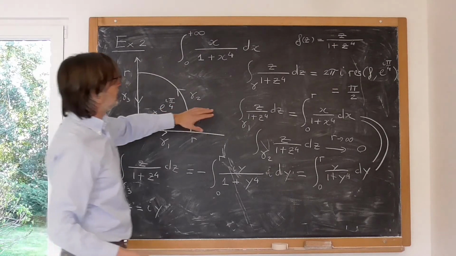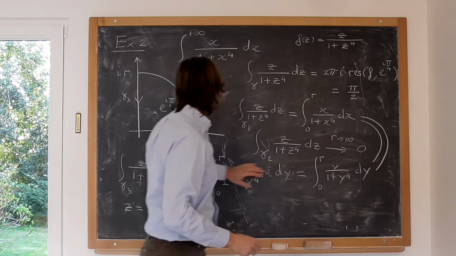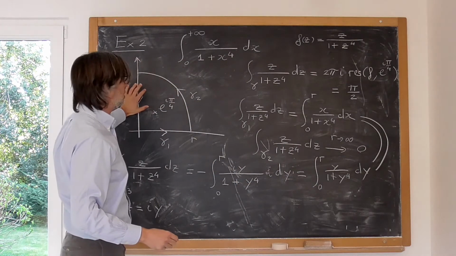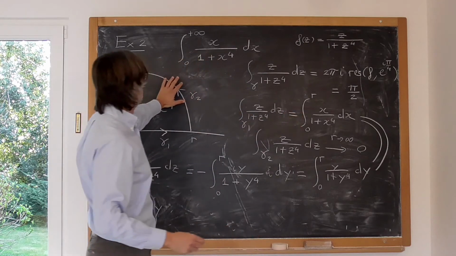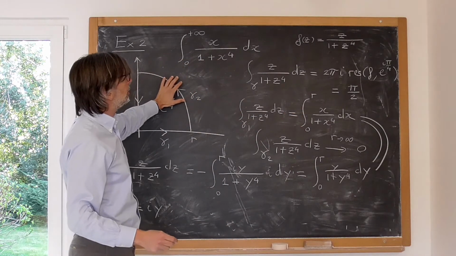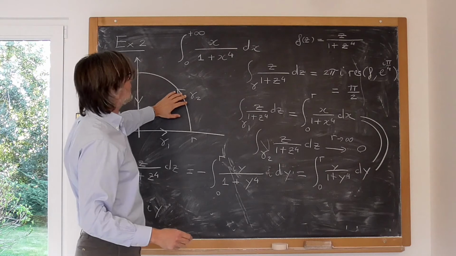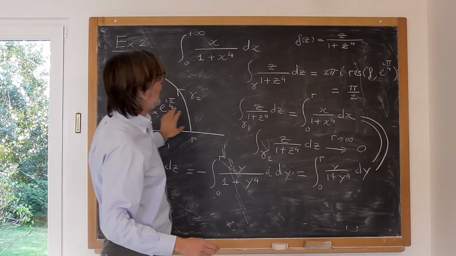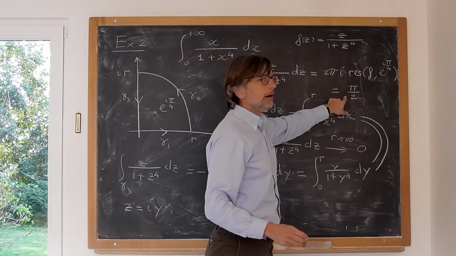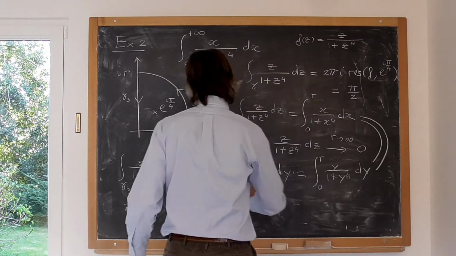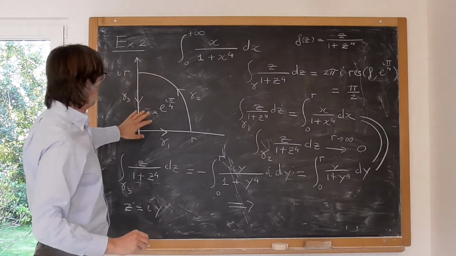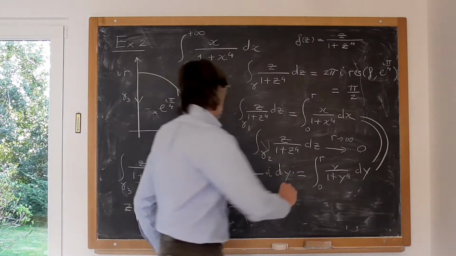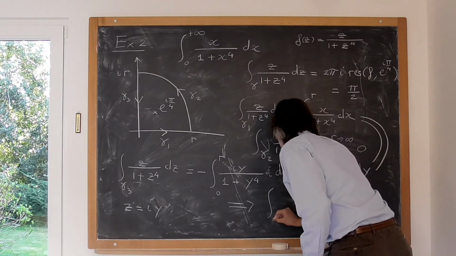Then we obtain that the sum, this integral plus this integral, which is just twice this, plus something which is going to 0, must give us pi over 2.